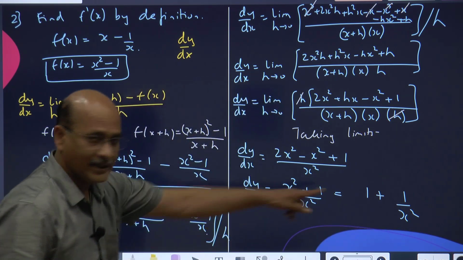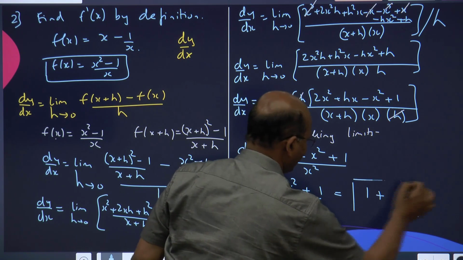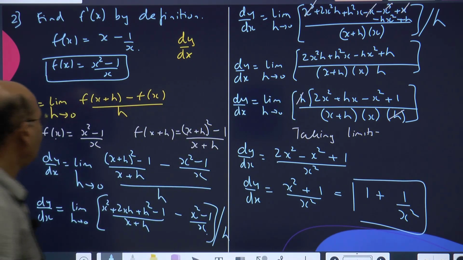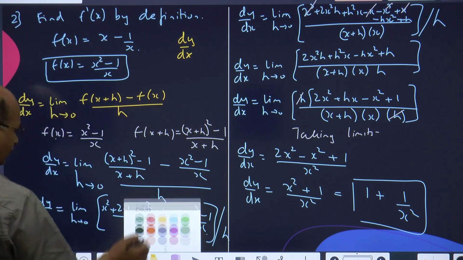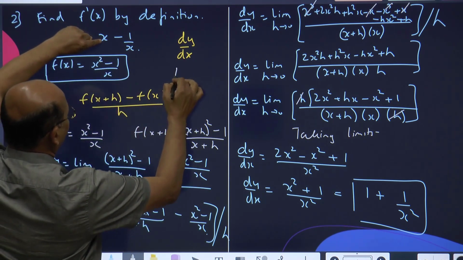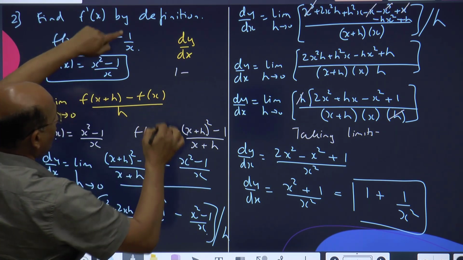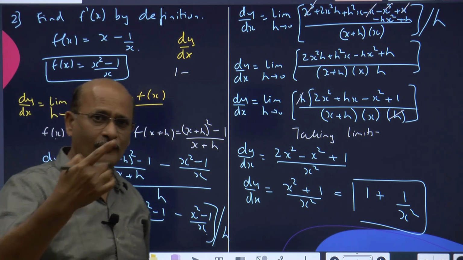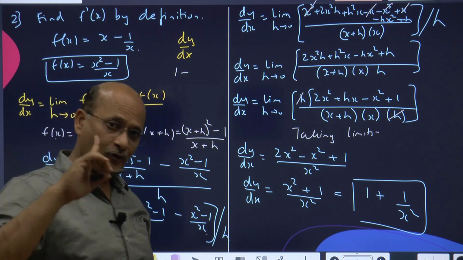So that's the derivative there. I think this is absolutely the right answer. I'll tell you why. Look at this particular part. What is the derivative of x? 1. Then 1 upon x: if you remember the formula, anybody can tell me what is the derivative of 1 upon x by formula method?